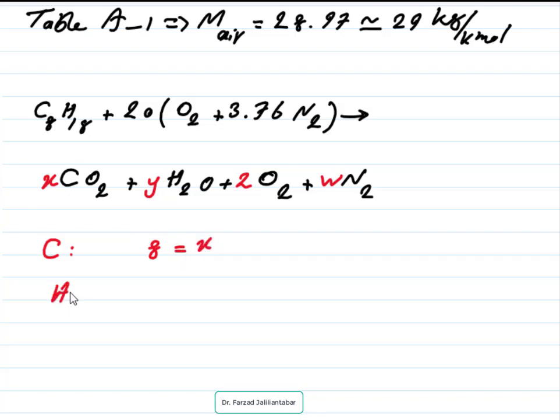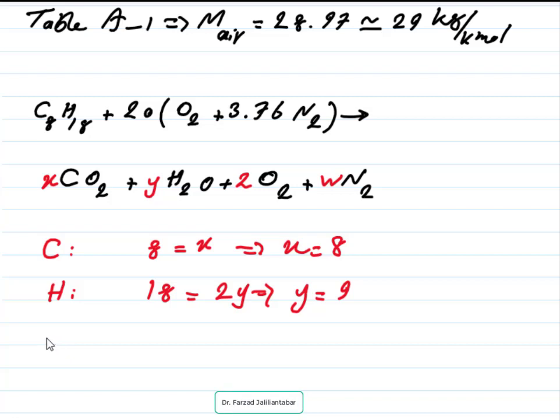What about hydrogen? We have 18 atoms of hydrogen in the reactants. In the products we have H2 only here, so this should be written as 2y. Y multiplied by 2 should be equal to 18 atoms of hydrogen, so y will be 9. X is 8.